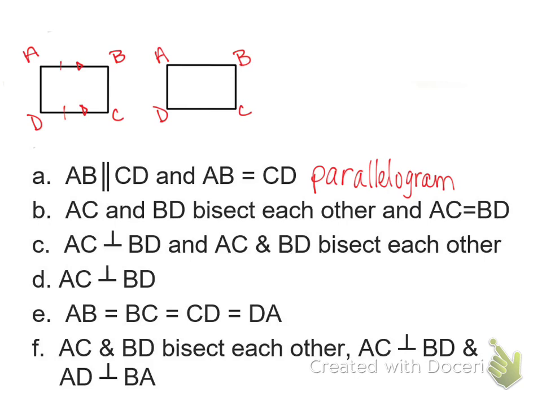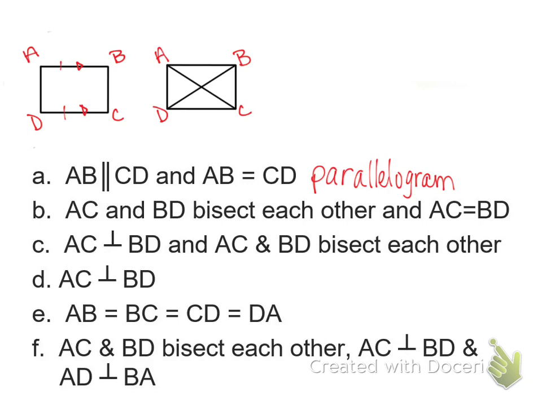And we are instead talking about AC and BD. Diagonals. So we know that the diagonals bisect each other. And we also know that the diagonals are congruent.